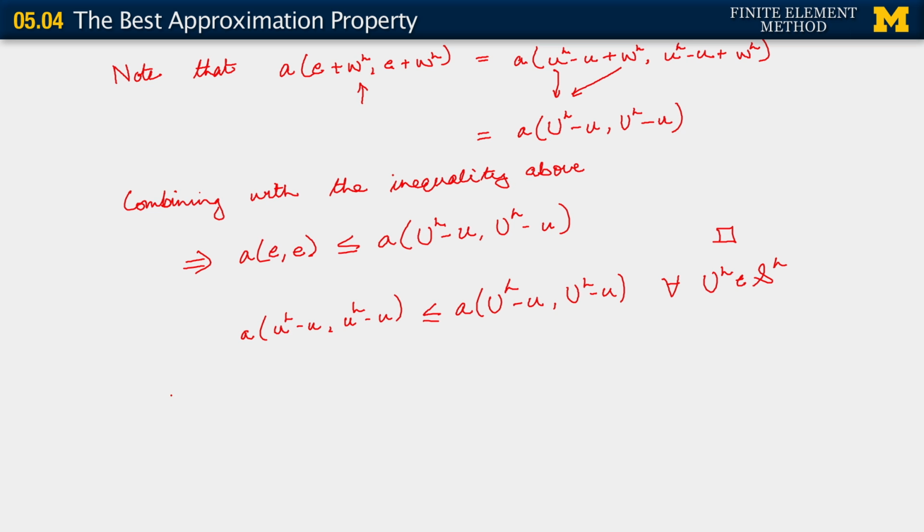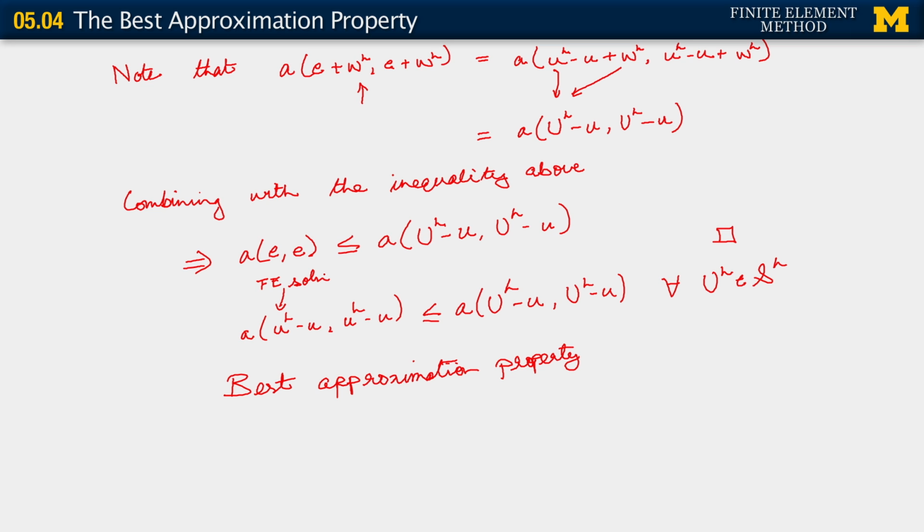Okay, so re-emphasize that. Let me just state that this is what we mean by the best approximation property. And just remember in all of this that what we have as little UH is indeed the finite element solution.